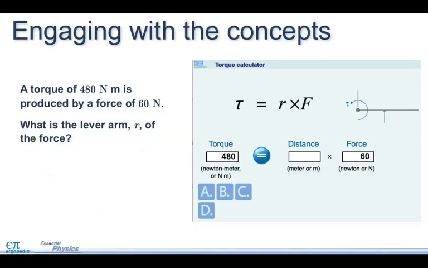Those are practice problems. Try those in addition to the one that is on this slide. Enter the numbers for torque and force. In this case, we have torque of 480 newtons and a force of 60 newtons. Use the calculator to get a feel for how the variables are related. Pause playback to work these problems.